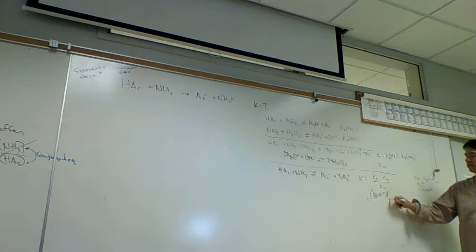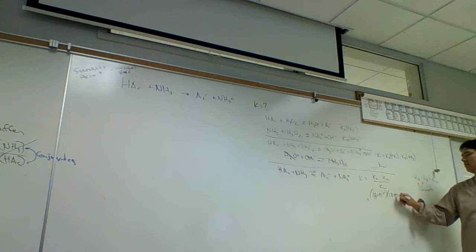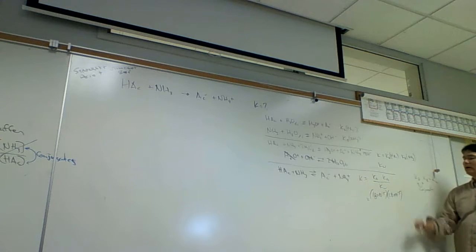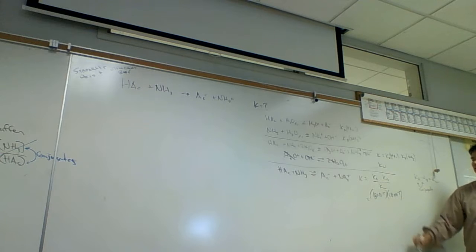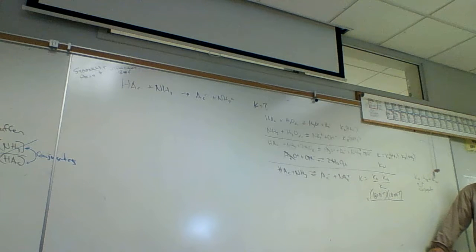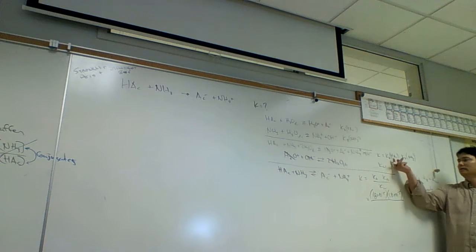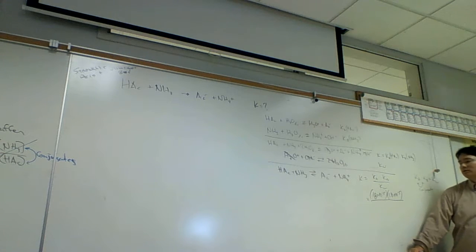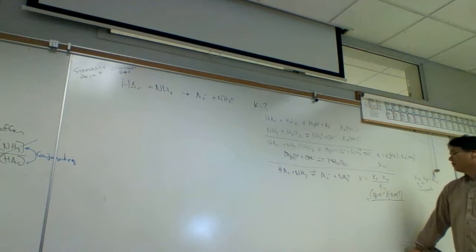The Kb is also given in the book, and it's 1.8 times 10 to the minus 5. Acetic acid and ammonia, by coincidence, have the same K value to 2 sig figs, but they're unrelated. To 3 sig figs, they probably aren't the same. But one way to think about this is that acetic acid and ammonia are kind of equal and opposite: one's the acid, the other's the base, and they have equal strength in opposite ways.